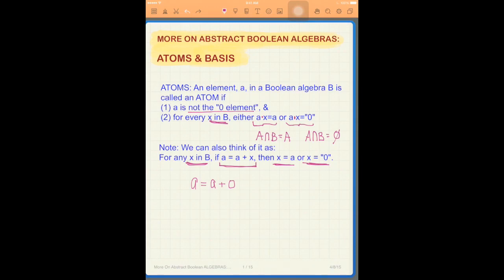But if A is equal to A or x, in order for this to be an atom, then this x here must have been A itself. You're going to see that this is something called indecomposable. So A cannot be decomposed. You cannot form it from the sum of two other elements. It basically stands on its own here.